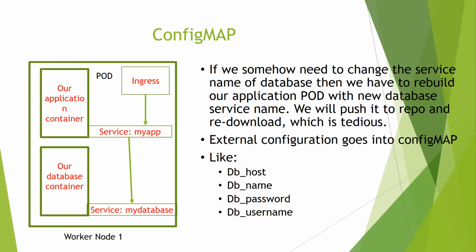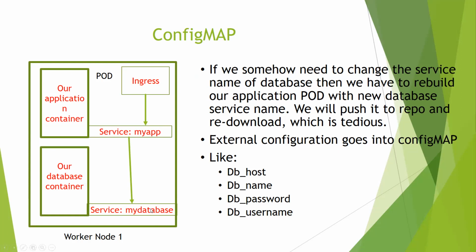So in our config map, we define our variables like the external variables. We can define the database host or the database username or the database password. So, okay, it is a repetition, DB name and DB username. And these are our external configuration. So my app will see the config map that what is the host, and in this host we will define that our host is this service.